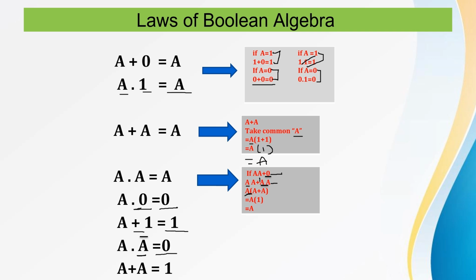Next, A plus A bar equals 1. That means the OR operation of A with its complement is equal to 1.